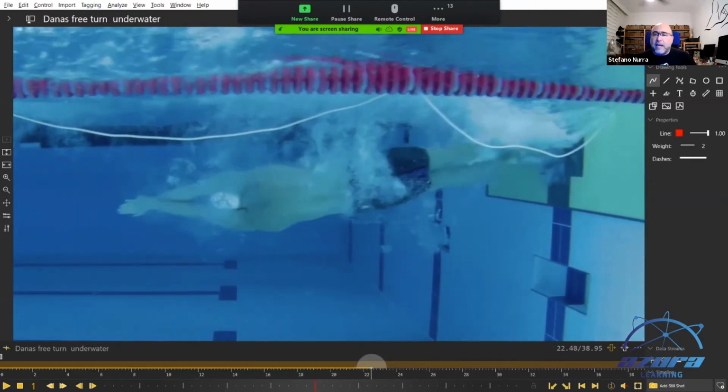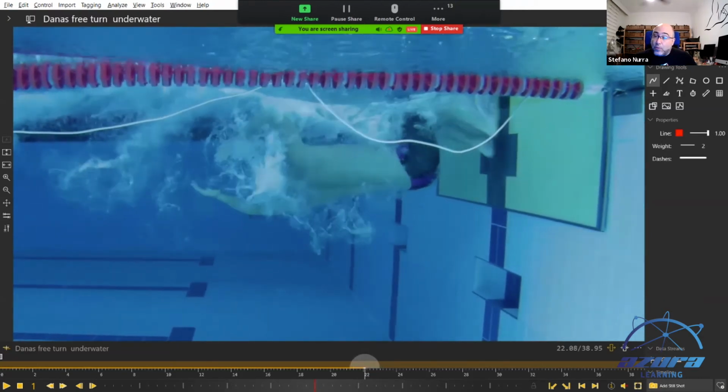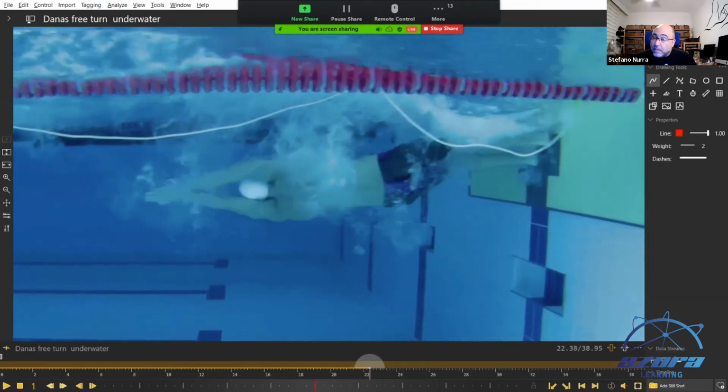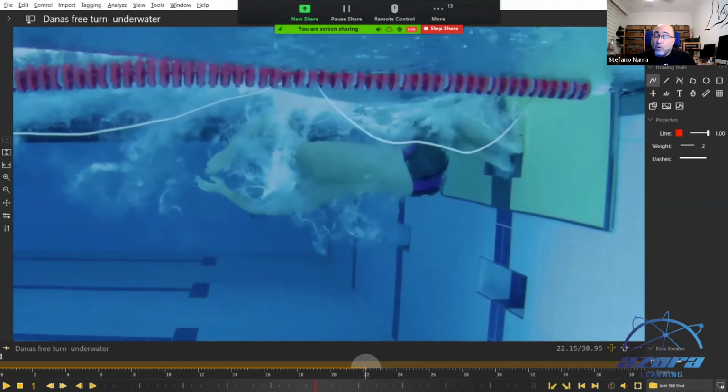In my analysis, I also measure the timing of the push from the wall, because it's very important. If the time is too fast, it means the athlete didn't push, because maybe he touched the wall just with the toes. But if the time is too long, it means that the position of the body when the feet touched the wall wasn't the right one.